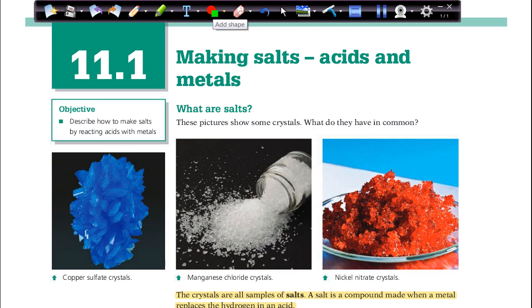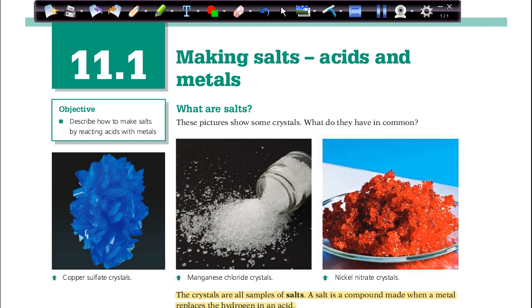Today in chemistry lesson we will learn about making salts from acids and metals. We learned about acids and metals, and the reaction of metals with dilute acids, and we said the metals that react more vigorously with water can react with these dilute acids.